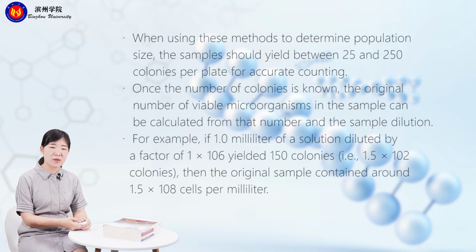For example, if 1 ml of a solution diluted by a factor of 1 times 10 to the 6 yields 1.5 times 10 to the second colonies, then the original sample contains around 1 times 10 to the 8th cells per milliliter.